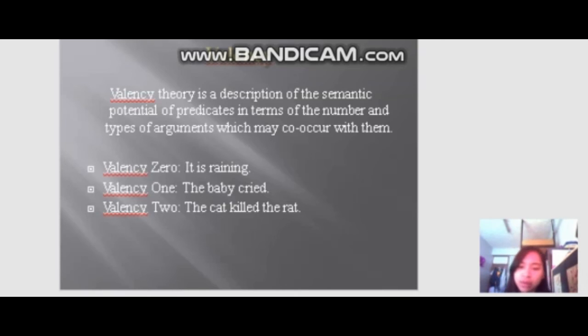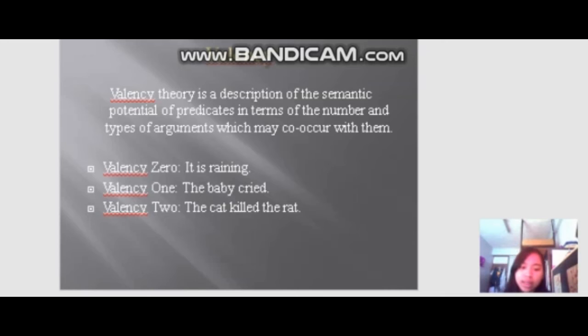Next is valency 2. Valency 2 is where the sentence expresses an action by one entity which gives an effect to another entity. So valency 2 means having two arguments. For example, the cat killed the rat.